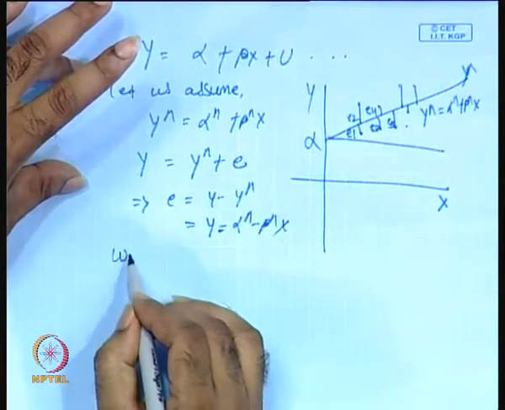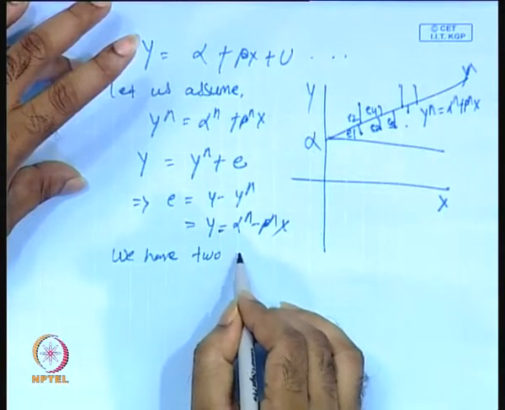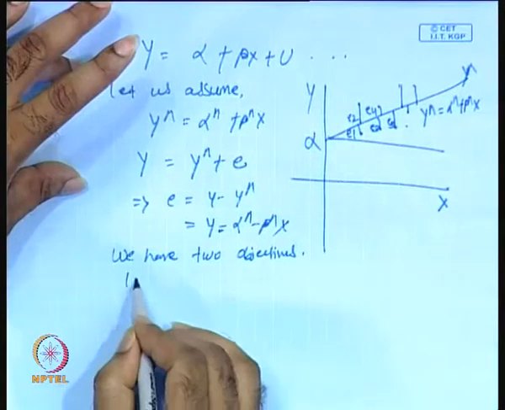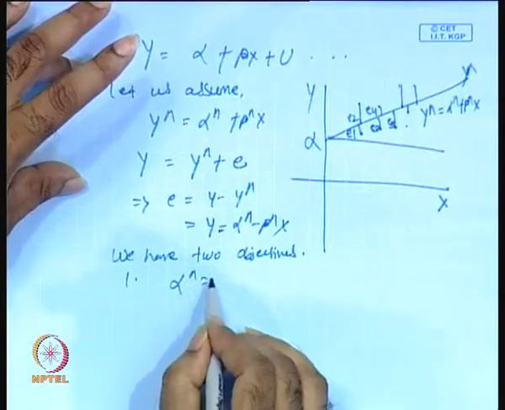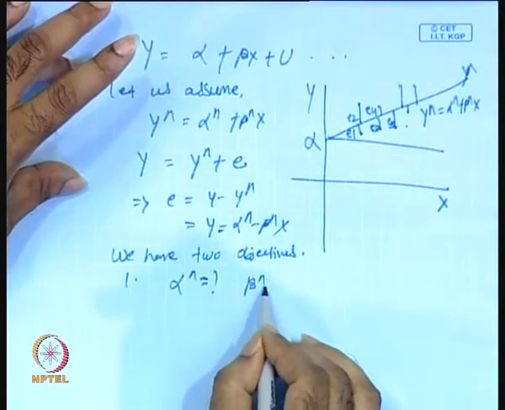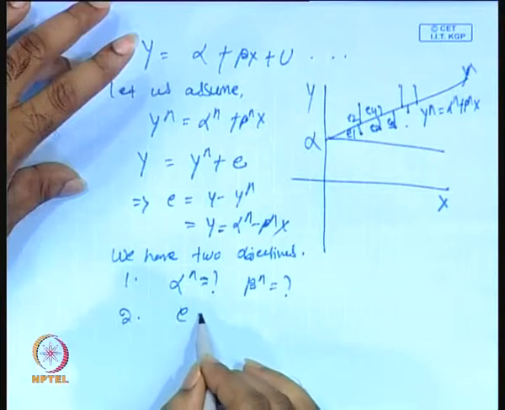Here we have two specific objectives. What are these objectives? The first objective is to get alpha hat and beta hat, that is, the actual values of alpha hat and beta hat. Okay. And the second objective is to find out the error components.